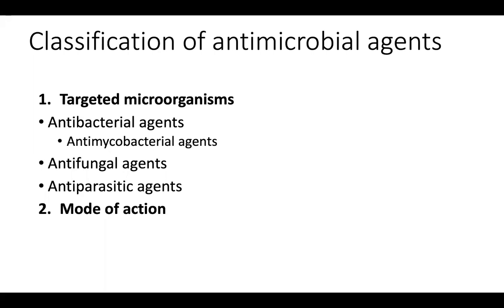They can be used against other bacteria, but it is best to reserve them to avoid overuse, which, as we shall see later, causes the risk of resistance. Then you have antifungal agents, antiparasitic agents, and antiviral agents, which I am sure you've already done.